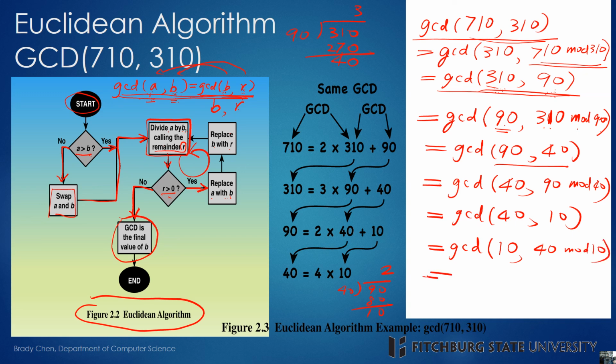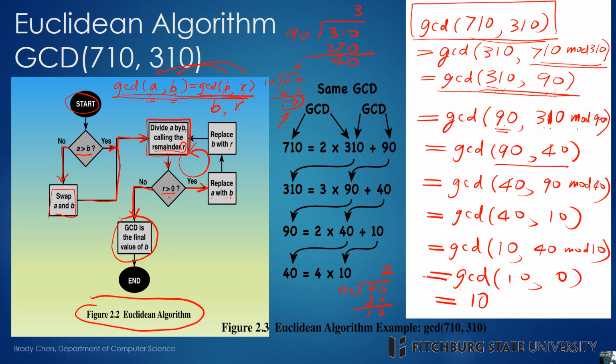Now what is 40 modulo 10? 40 divided by 10 gives a quotient 4 and remainder 0. So it's a GCD of 10 and 0. We know that GCD of 10 and 0 is 10. So we find that the greatest common divisor of 710 and 310 is 10.